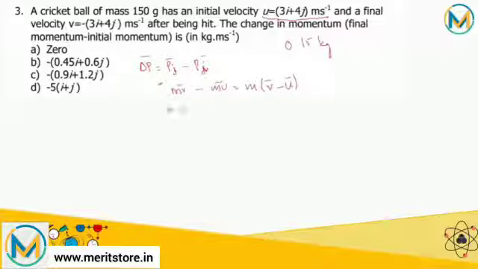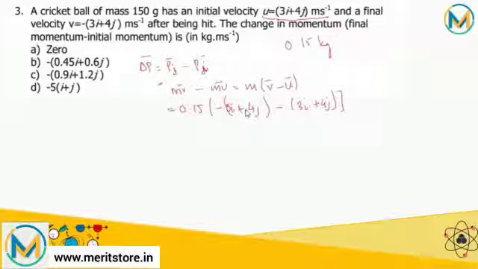So m given in the question is 0.15. v given in the question is minus 3i plus 4j, minus of u, which is given, that is 3i plus 4j.